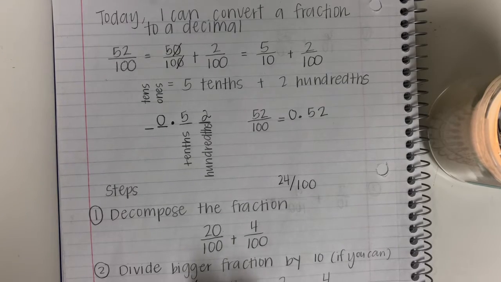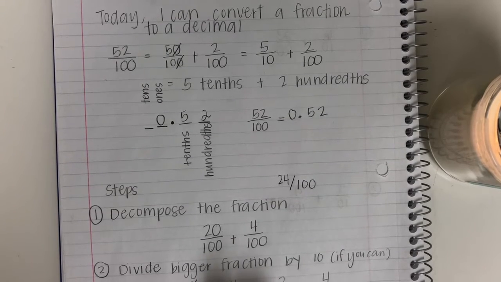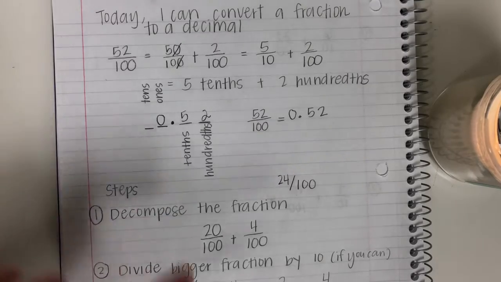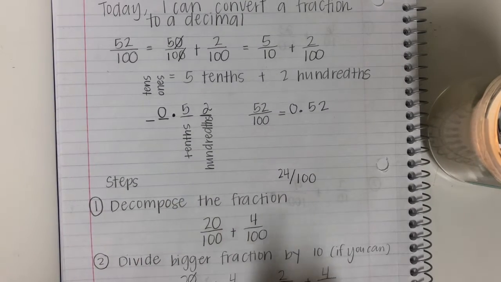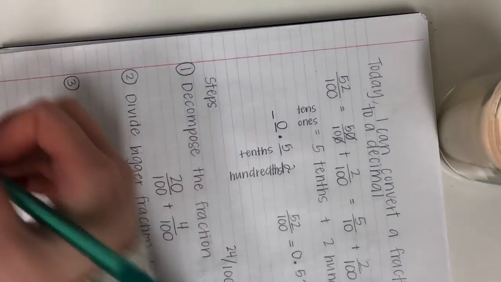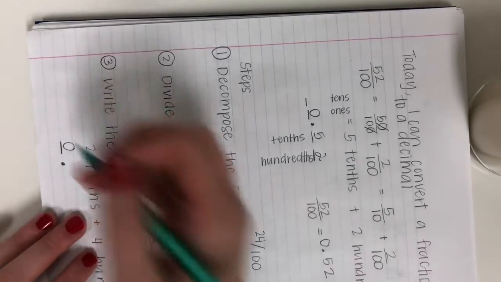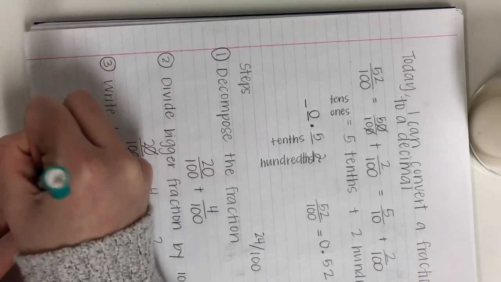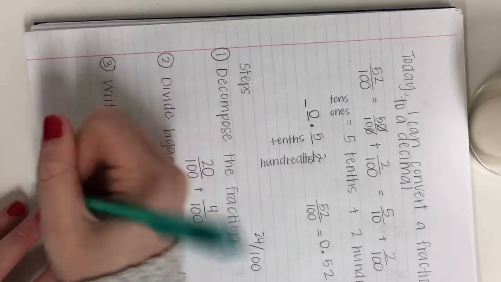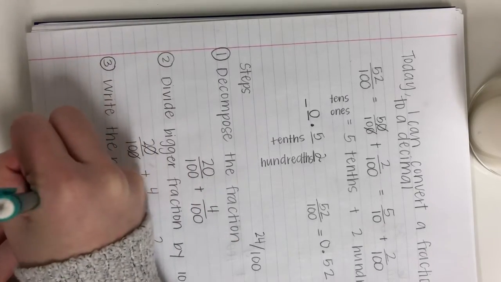So here's my ones place. Here's my decimal. I don't have any ones because I don't have a whole number, I just have a fraction. So this is going to be 0. But then I have, I'm going to write it. Can you see that? Yeah. So I'm going to write, this is my tenths place. And then I have my hundredths.